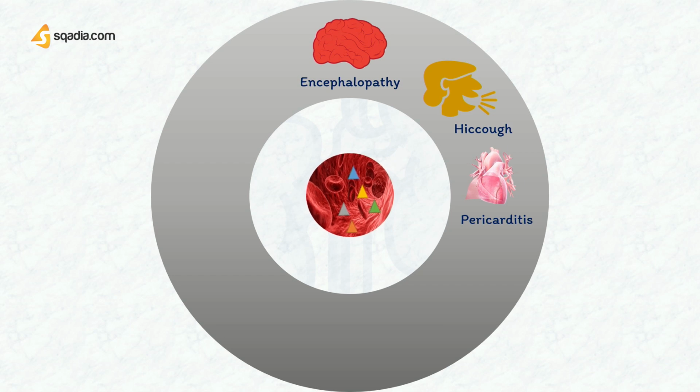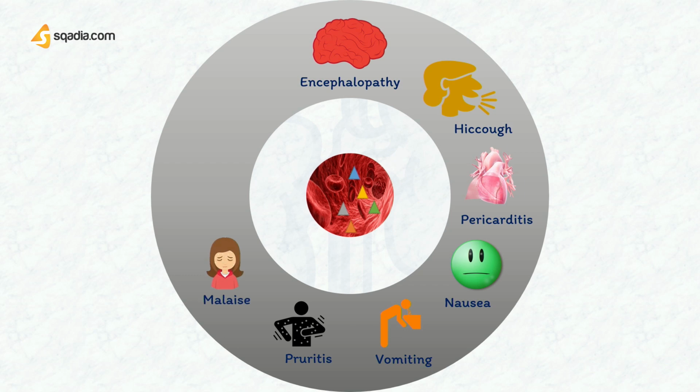Pericarditis, which is the inflammation of the pericardium, may also be observed, along with nausea, vomiting, pruritus, which is itching, malaise, which is weakness, impotence, menstrual irregularities, and mixed motor sensory neuropathy, as a result of accumulation of nitrogenous waste products in the blood.